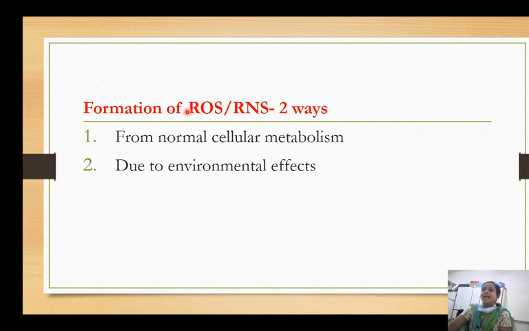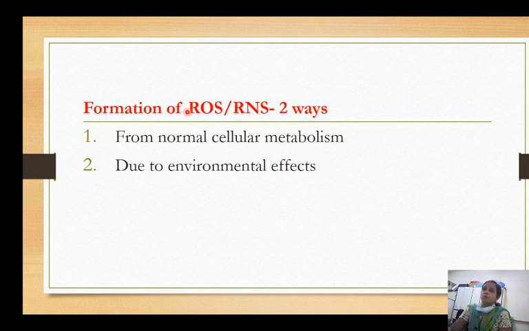Along with that, the environmental effects, the surrounding effects, like we have seen in the previous class of detoxification, how by means of inhalation, ingestion, all these things, the toxins are entering into our body. Maybe this could be one of the ways by which the toxins, like these drugs or these xenobiotics that enter into our body, might get converted to free radicals.